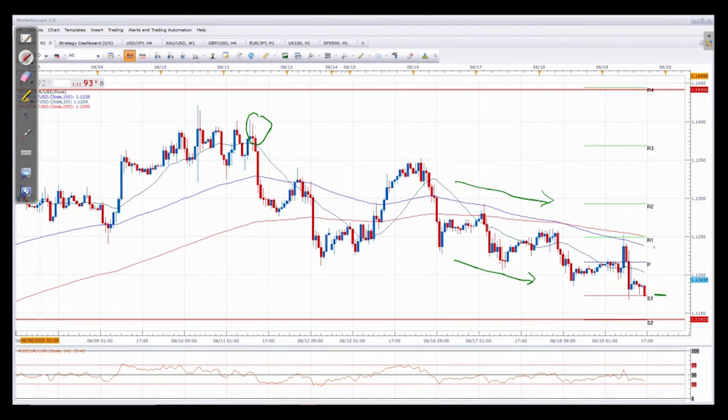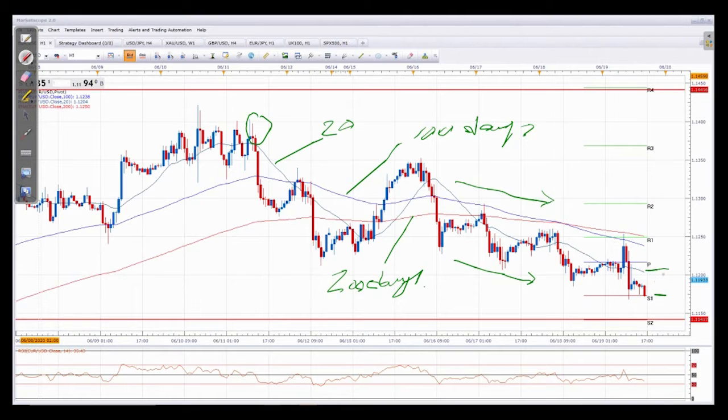Now, I've told you already that the black one is the 20 days moving average, and the blue one is 100 days, and then the red one is 200 days. Now, according to them, this 20 days moving average is like a resistance level for the euro dollar.